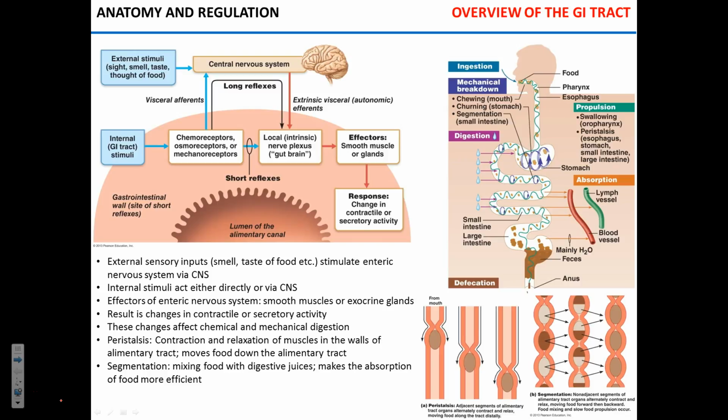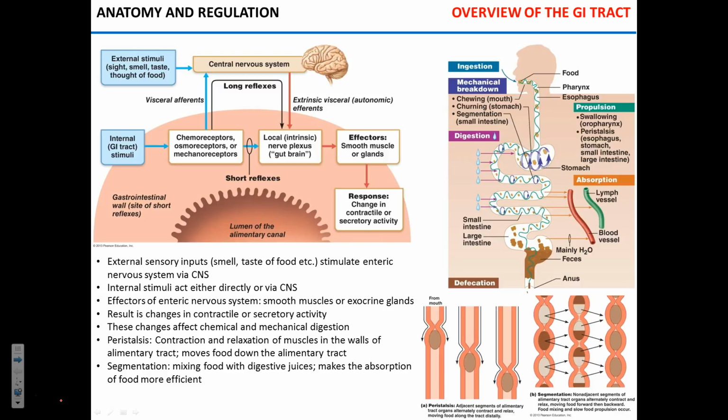Now, in terms of the regulation, before we get to that scheme on the left, what is the main stimulus, irritant? What gets the digestive system going? Food. Think about food all the time.